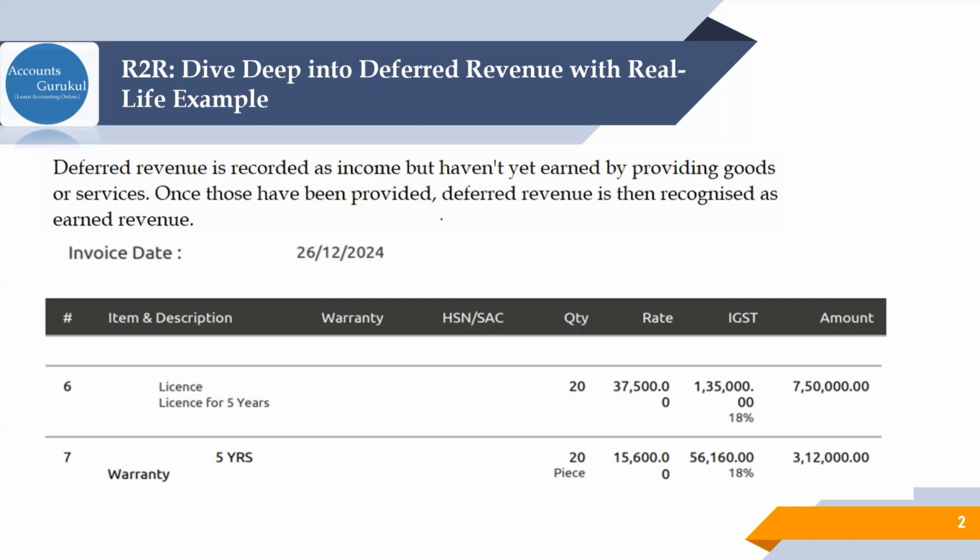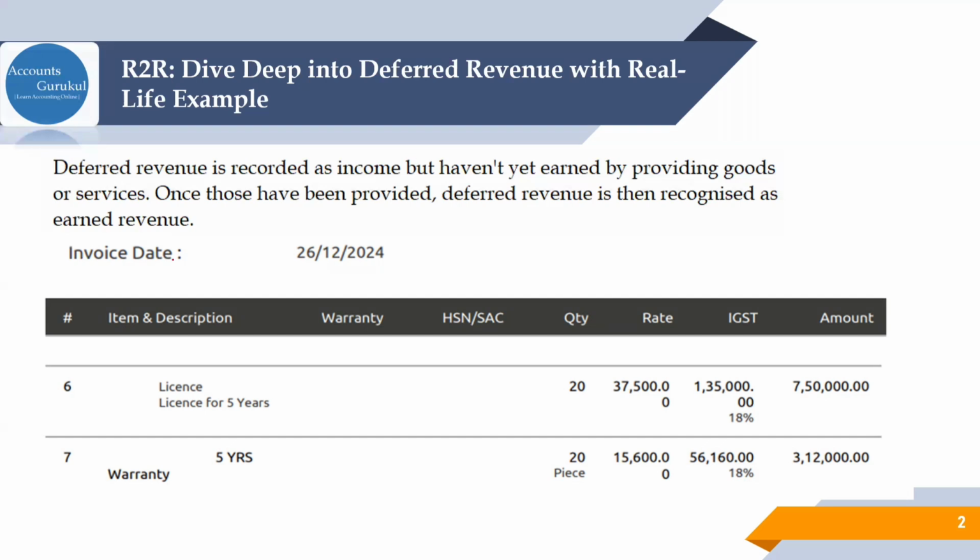License for 5 years is 20 quantity, 37,500 is the rate, and the total amount is 7,50,000. Same for the warranty. The quantity is 20, rate is 15,600, IGST is over there, and the total basic amount is 3,12,000.